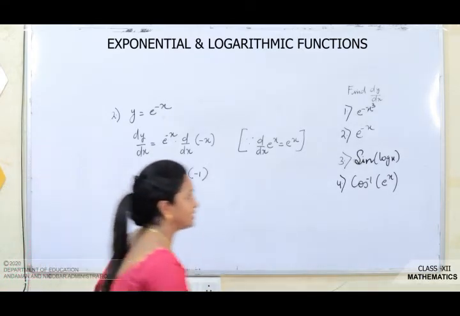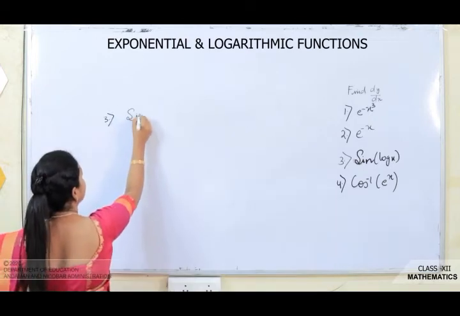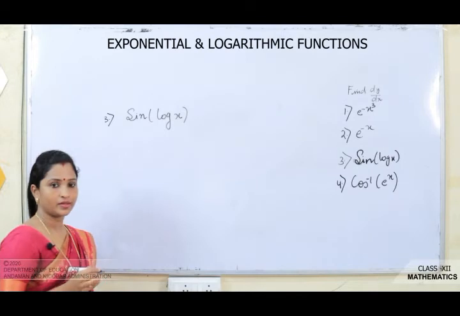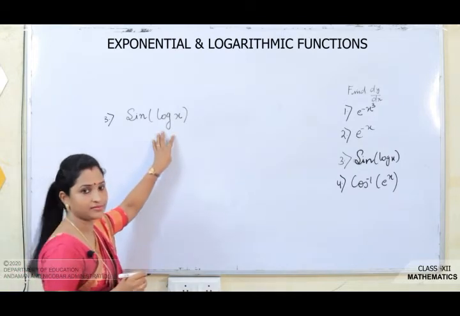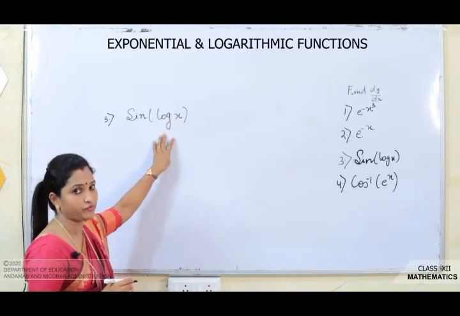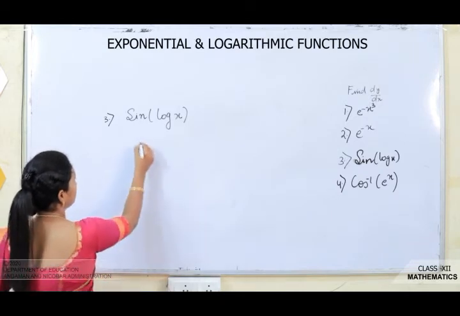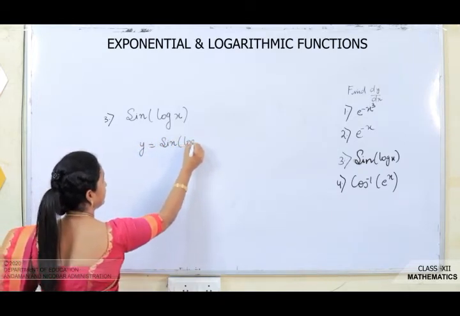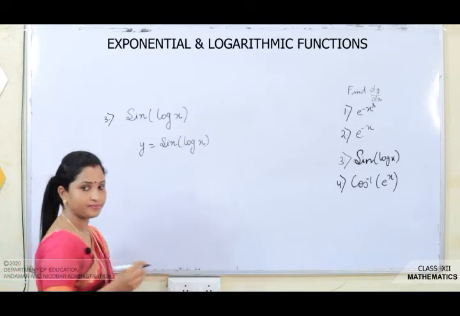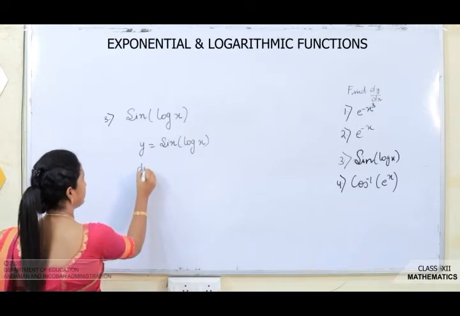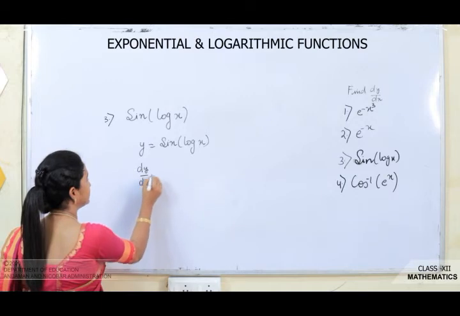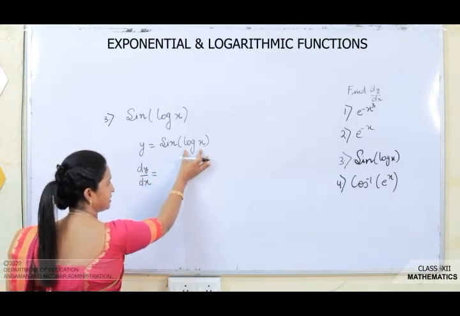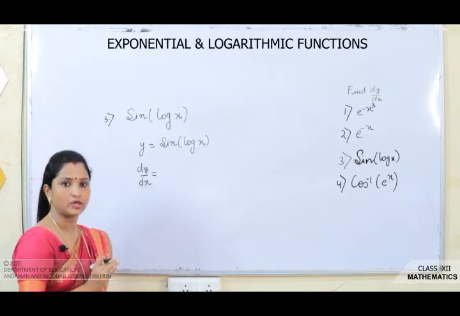Okay. Now, let us see sine log x. This is log x. So, you should know the differentiation of log x. What will you do first? Let y is equal to sine log x. Again differentiating with respect to x, dy by dx is equal to, when you differentiate sine of something, what is the differentiation of sine? Cos.